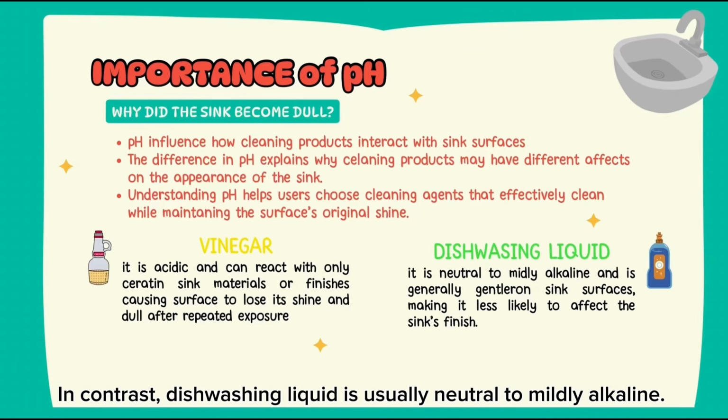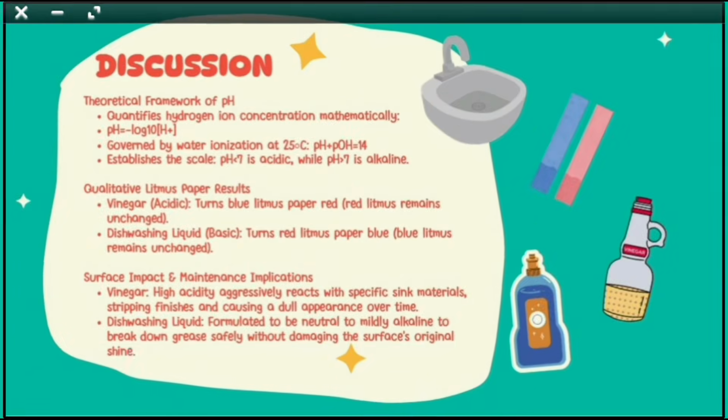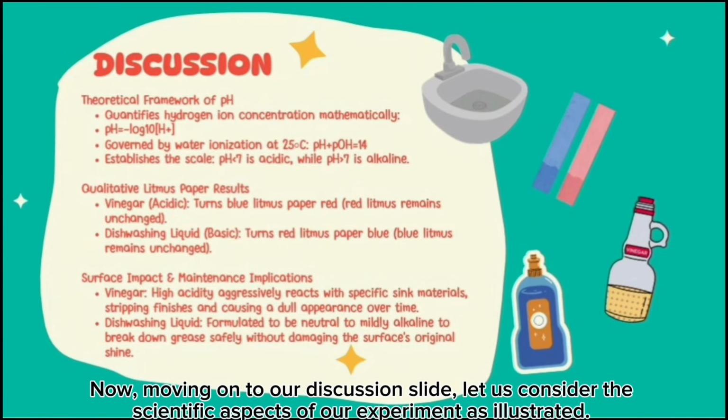In contrast, dishwashing liquid is usually neutral to mildly alkaline. Because it is gentle on sink surfaces, it is less likely to affect the sink's finish and is generally more suitable for regular use.